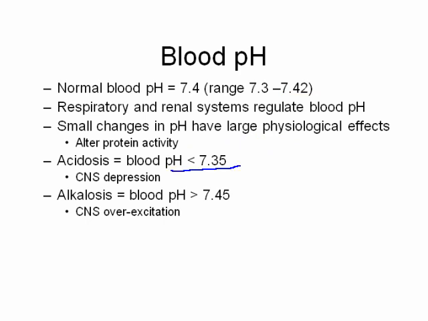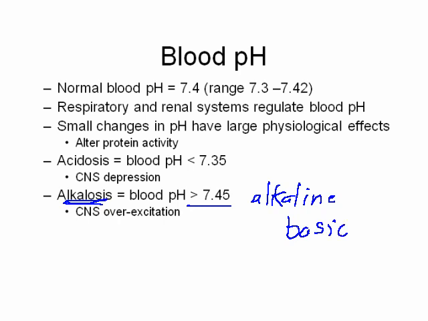If the pH drops below 7.35, it's called acidosis, which can cause depression of the central nervous system. It can cause many other problems as well. If pH increases above 7.45, it's called alkalosis because the blood has become very alkaline, or another term is very basic.